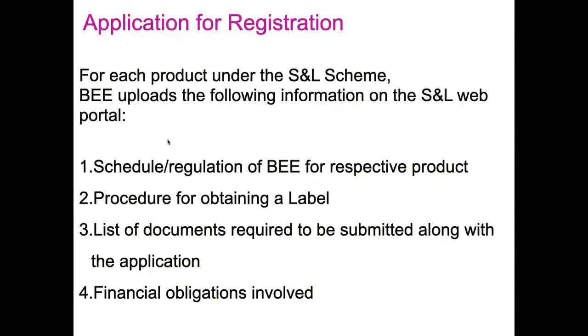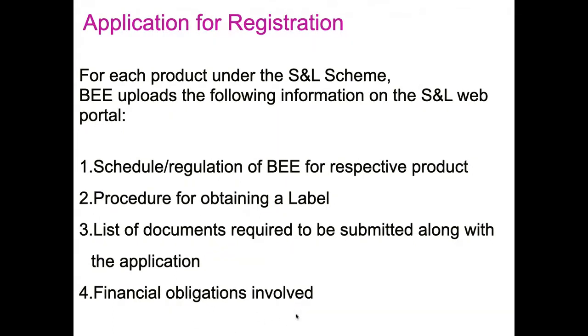So you can go through such web portals, where the scheduled regulations of BEE for the respective product, the procedure for obtaining a label, and the list of documents required to be submitted along with the application are available.